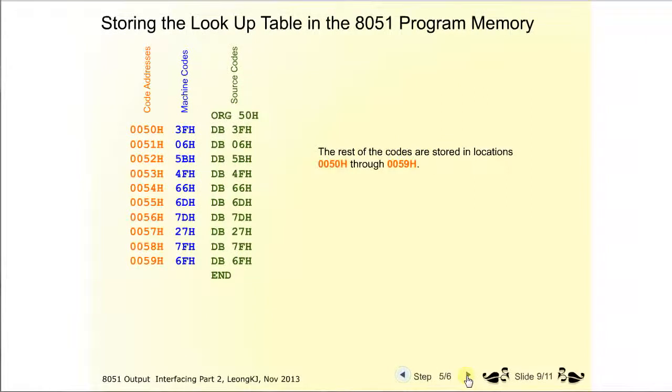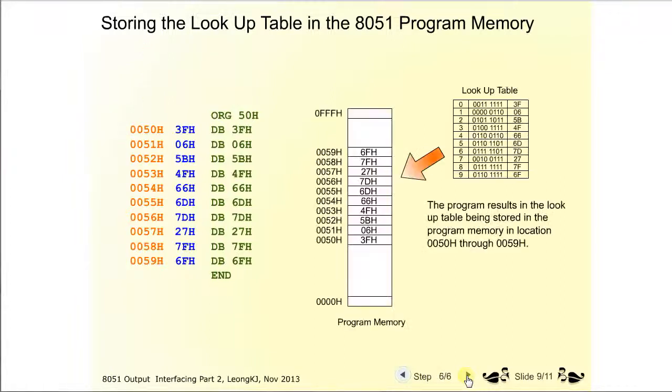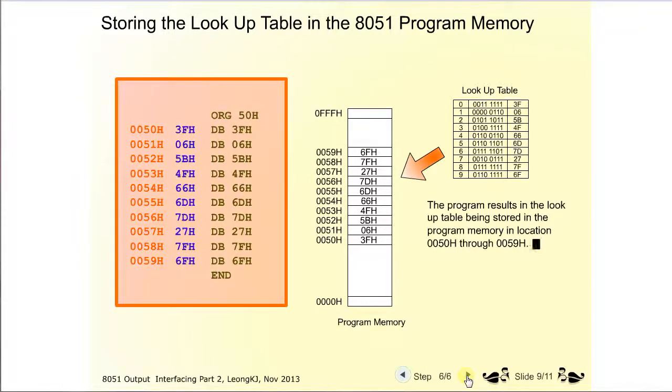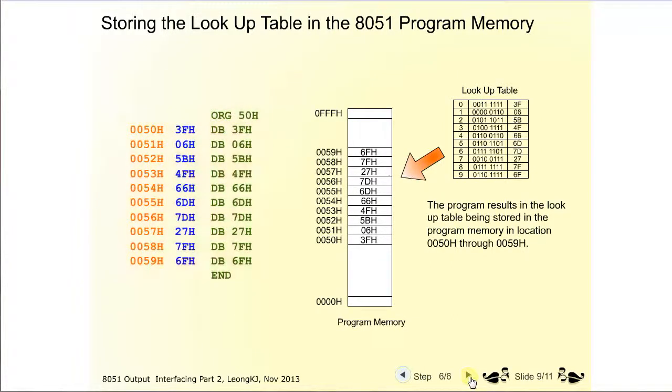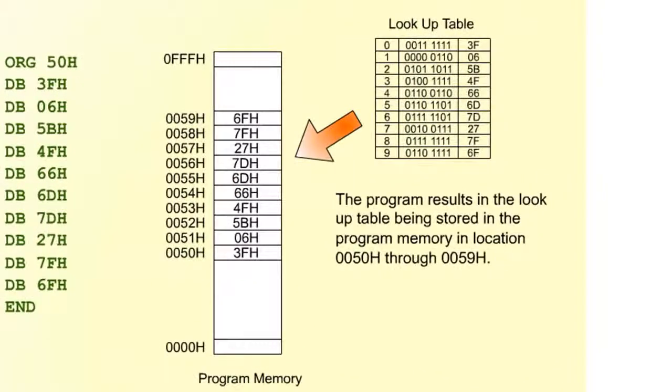The rest of the codes are stored in locations 0050 to 0059. The program results in the lookup table being stored in the program memory in locations 0050 to 0059.